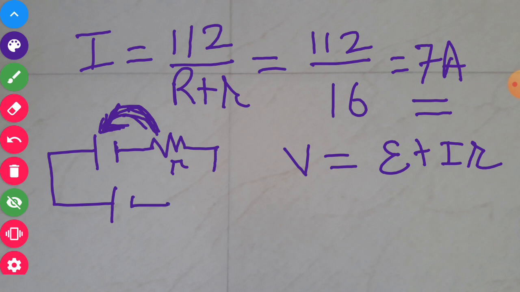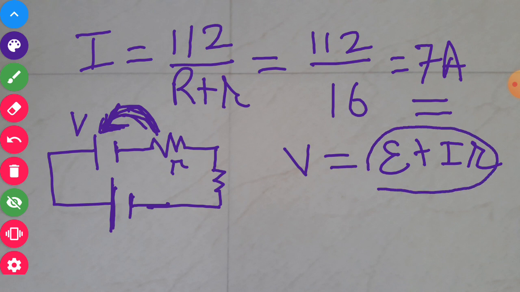So whenever there is a charging process, the terminal voltage across this small battery can be found by writing E plus Ir. If it is discharging, then it is minus. So here it is very easy.